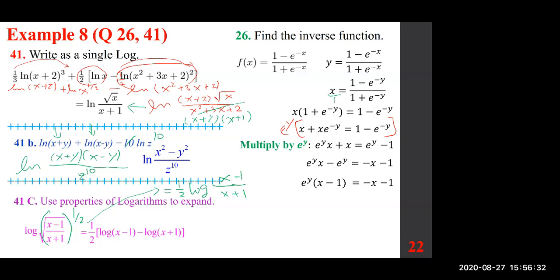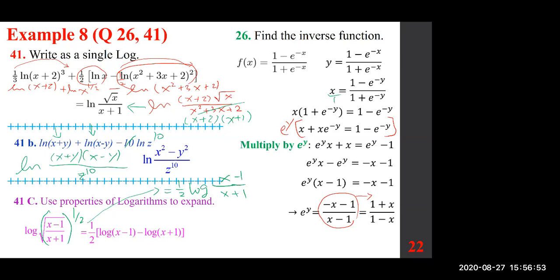So e to the power of y is the right side divided by the parentheses x minus 1. Now we have too many negative signs. If you kept it as that, it's absolutely fine, class. But the reason I'm changing it is there are too many negatives at the top and the bottom. I hope you see how we can make this transition.